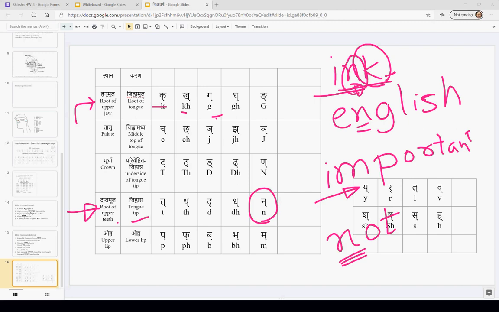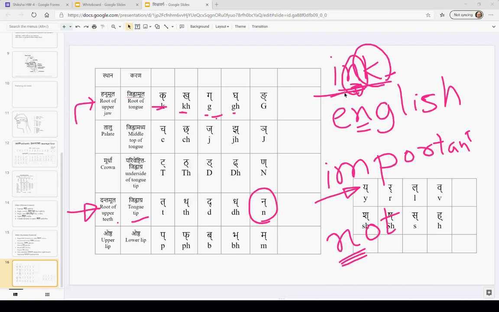We can notice that the position of the tongue and where the tongue touches is the same as K, G. When we say ink, the position and the touch are the same. However, there is a nasal sound coming out. We are not pronouncing it K.